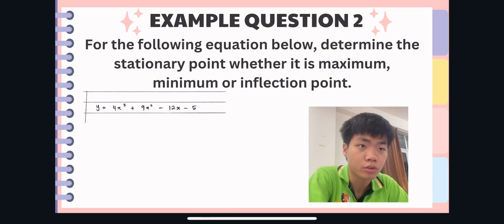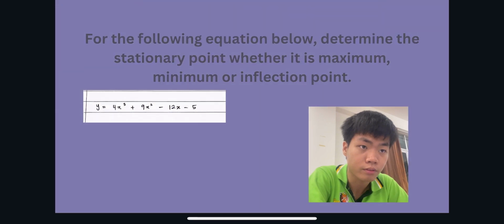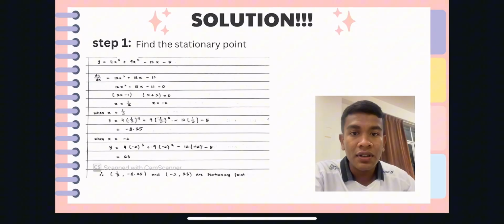Example question 2. For the following equation, determine the stationary point and whether it is a maximum, minimum, or inflection point. y equals 4x cubed plus 9x squared minus 12x minus 5. So step 1 of the solution is to find the stationary point.